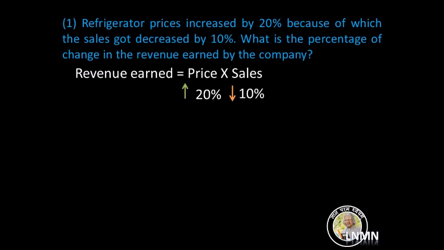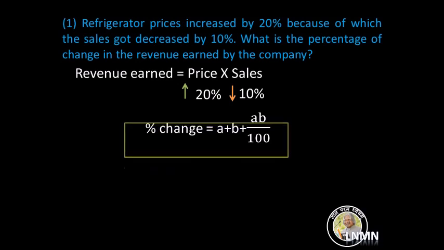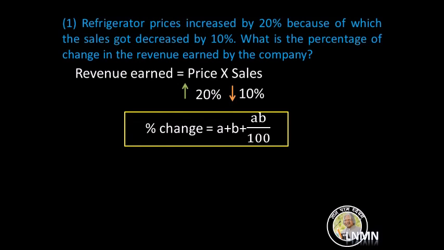I'm going to give you a formula using which we can solve these types of problems very easily, because these problems may sound somewhat difficult, and we will be able to solve them, but it will take a lot of time. Time is very valuable in the exams. So I'm giving you the shortcut approach. The percentage change is equal to A plus B plus AB by 100. Let us see how we apply this formula.